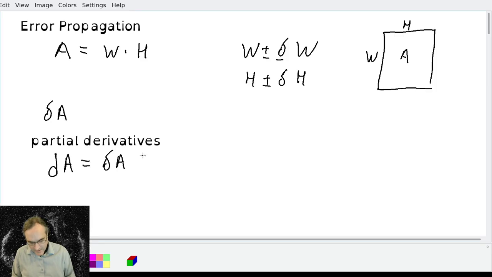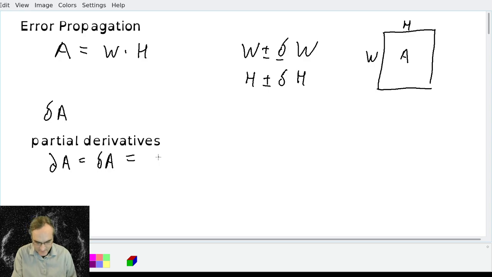Alright, so we want essentially the partial derivative. We'll go back and use the right symbol for this. dA is basically the same thing as our uncertainty in A. And it turns out the way it works is if you have something that depends on, say, width and height, it's going to be the derivative of A with respect to each one of its variables times the uncertainty in that variable.